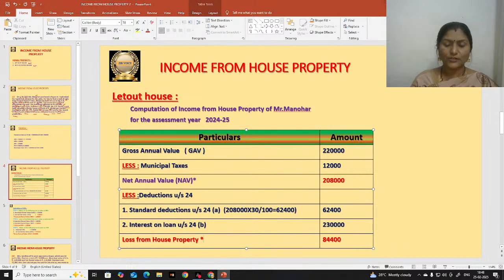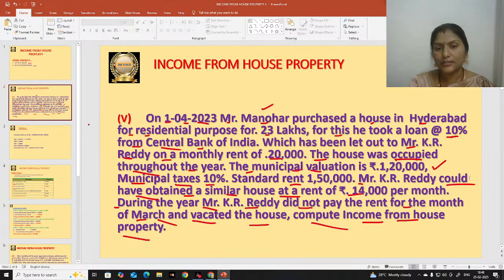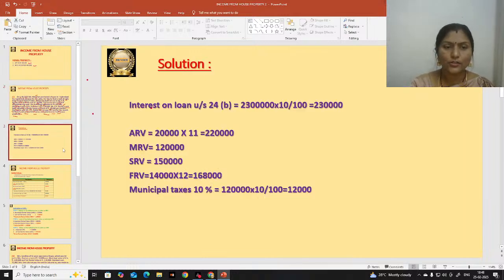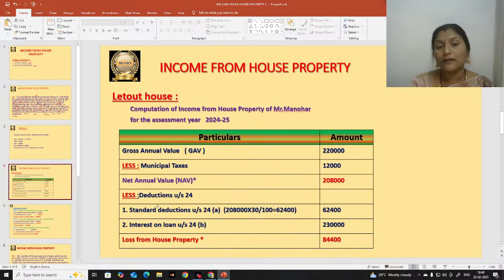Okay, so this is how we have to do the solution for this question, and let me show it once more. This is our question, students, and by looking into the question we have taken some details into our solution. Solution starts from here onwards. We recorded all the details we took from the question in the format.